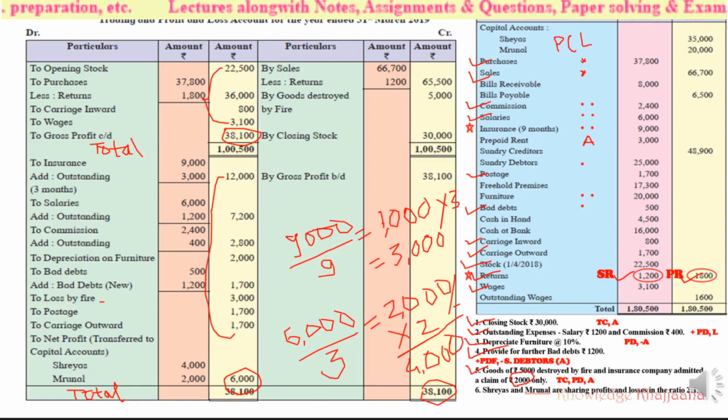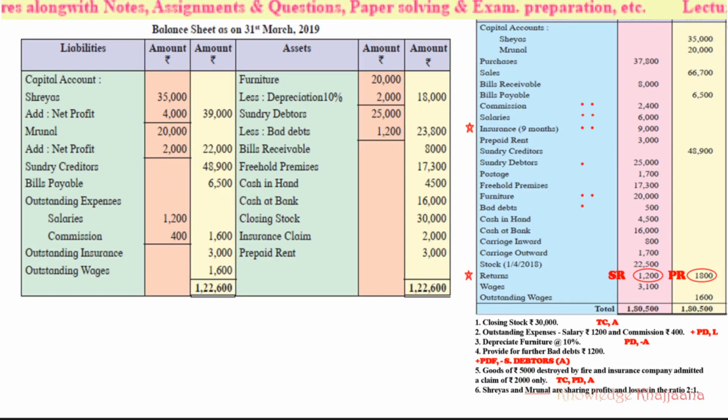Okay, let's see how to make the recordings of the balance sheet items. See, capital accounts, Shreyas and Mrunal, we have to record. Capital, Shreyas 35,000 and Mrunal 20,000. Okay, then bills receivable was remaining. Bills receivable asset rupees 8,000.